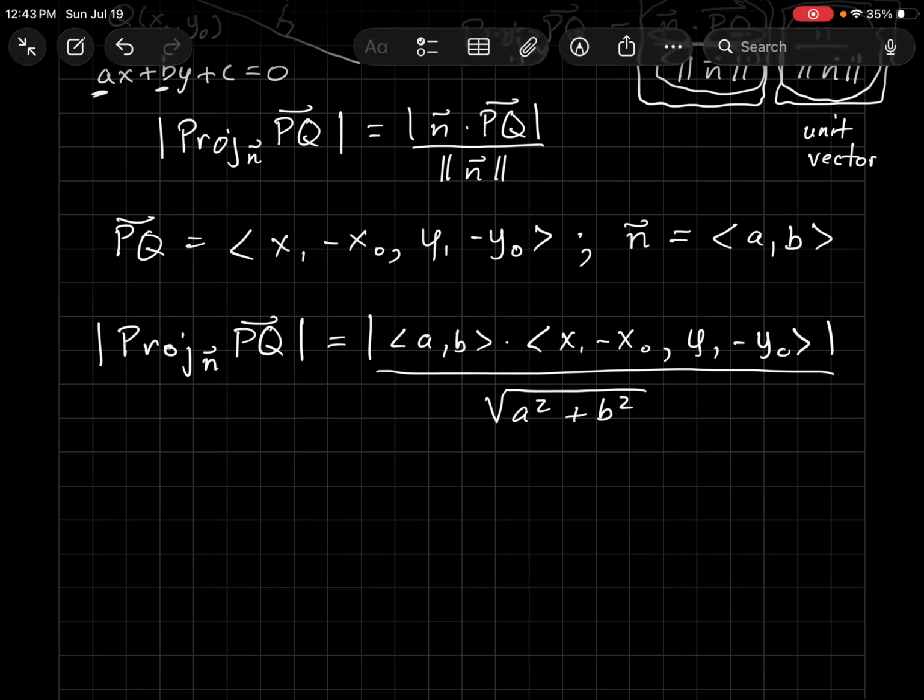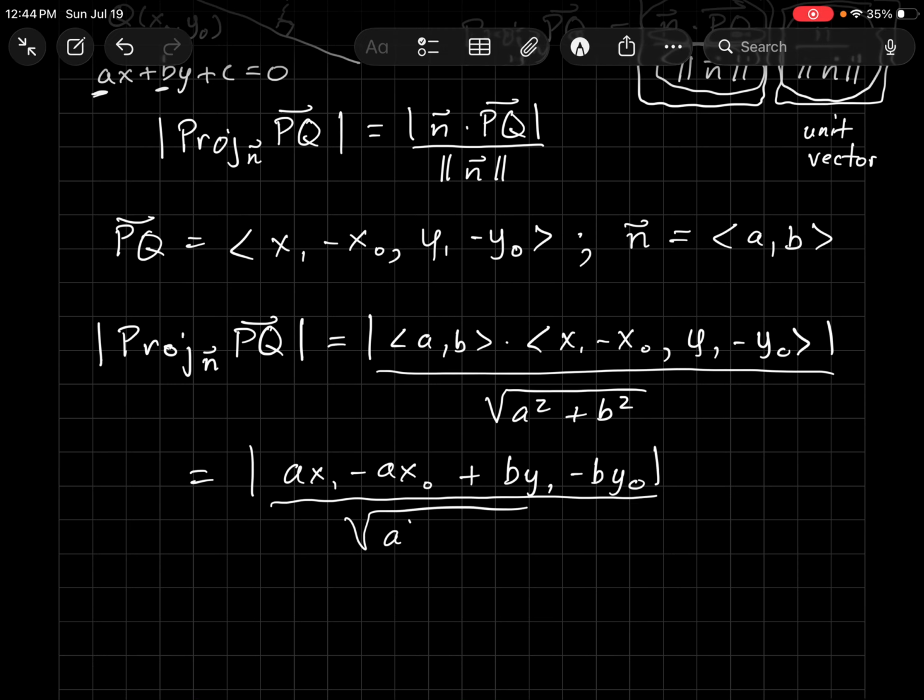So we already have the denominator matching what we try to make a match. And let's do the dot product of the top part. We get ax1 minus ax naught plus by1 minus by naught, and then all over the magnitude of n, square root of a squared plus b squared.